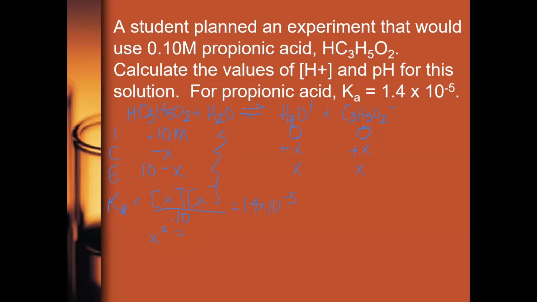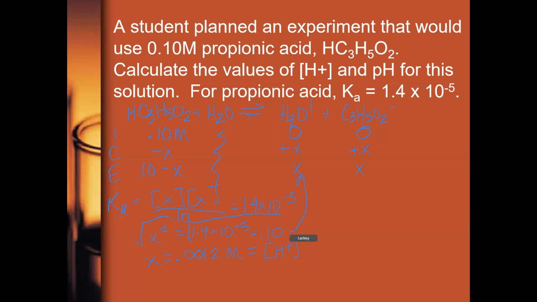So we would need to multiply the 1.4 times 10 to the negative fifth times 0.10, and then take the square root of that to figure out that X is equal to 0.0012 molar, which is our hydrogen ion concentration, because that is just going to plug right back in.